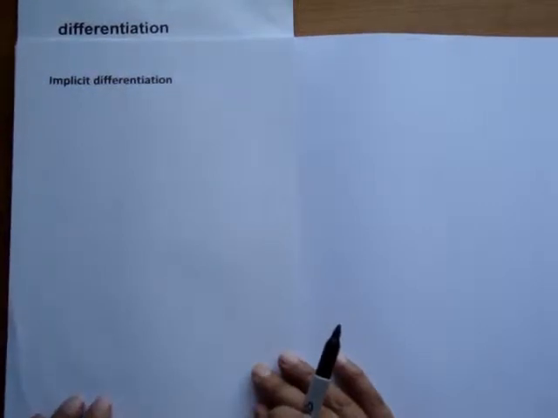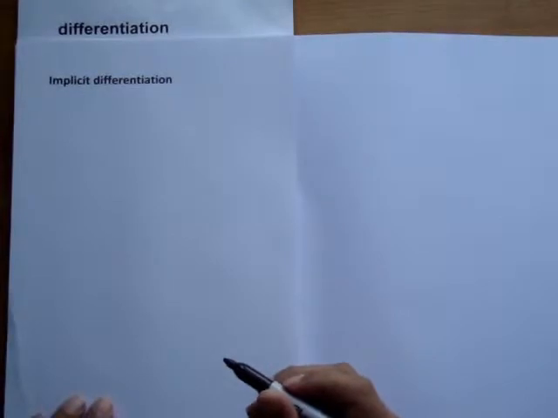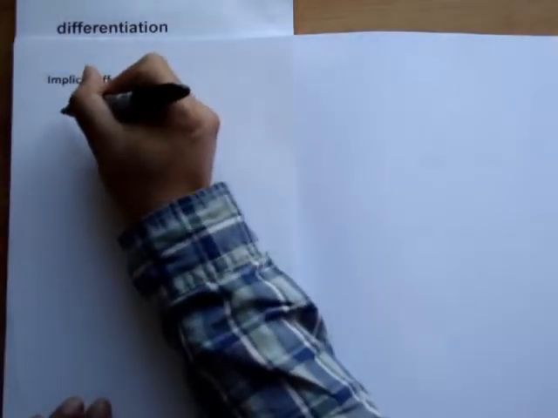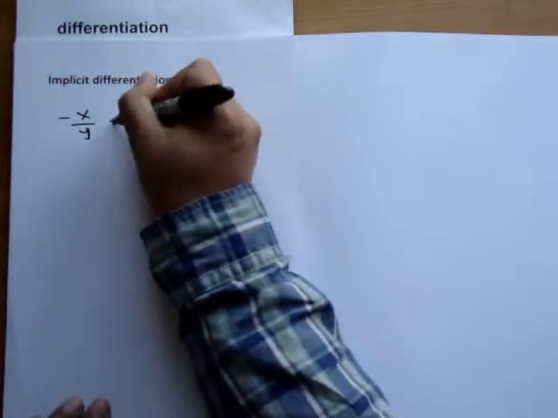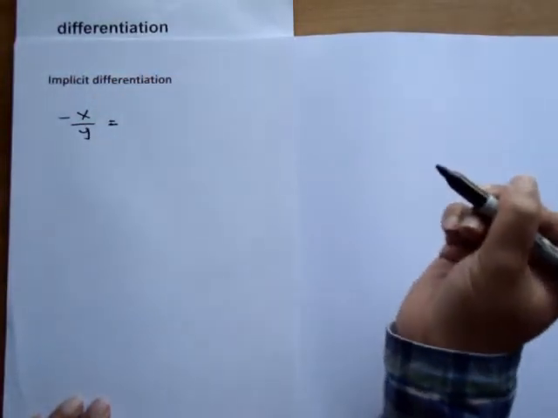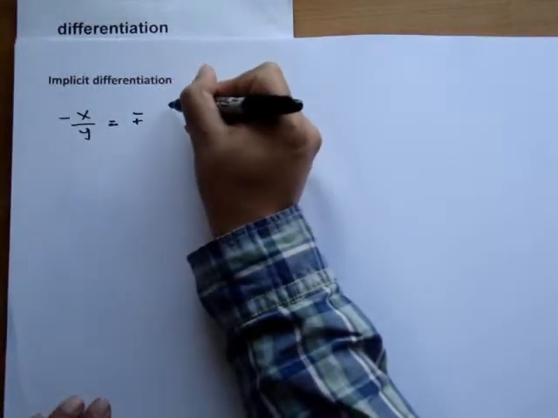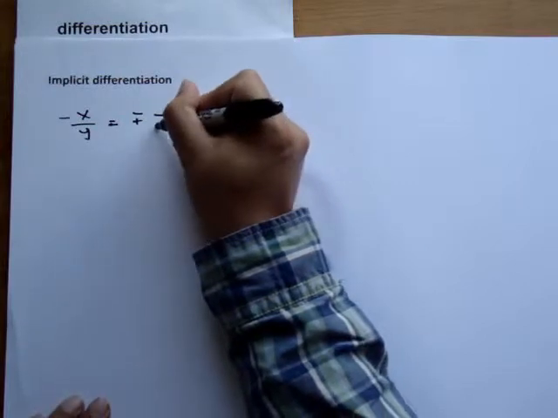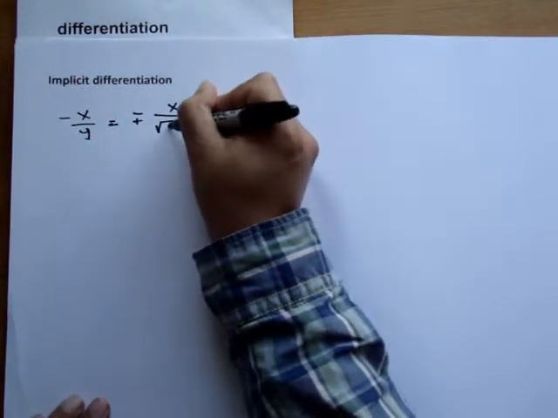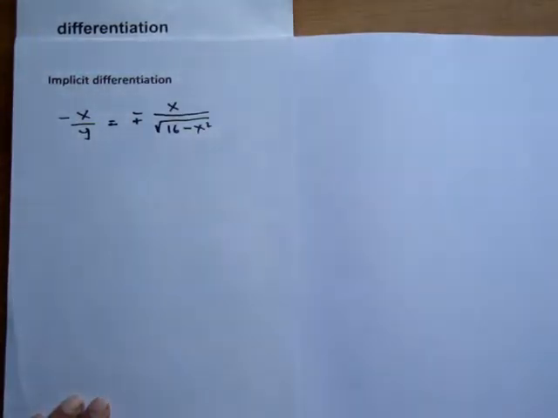Okay, in the previous example when we differentiated y squared plus x squared equals 16, one of the answers we got was minus x over y, and the other answer we got was minus plus x over square root of 16 minus x squared.